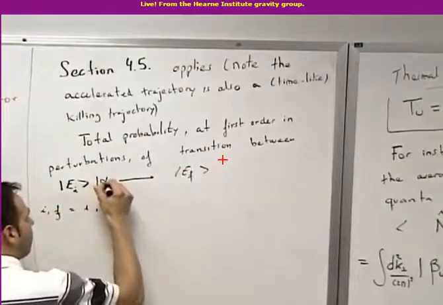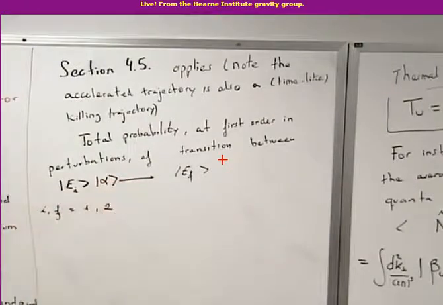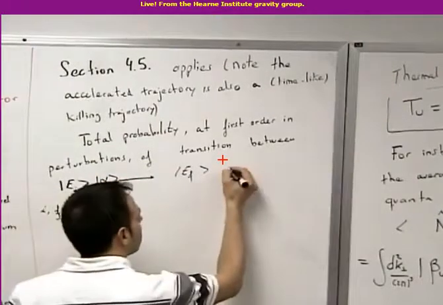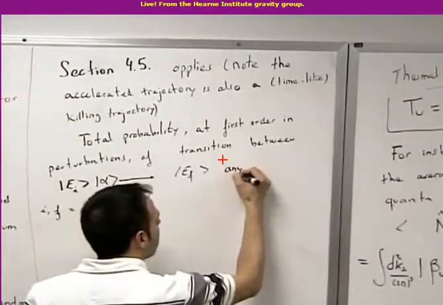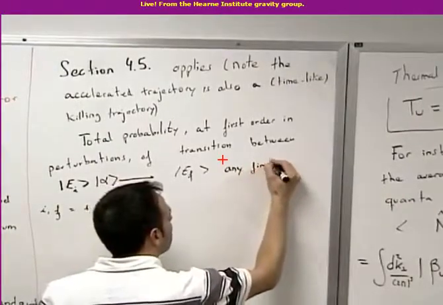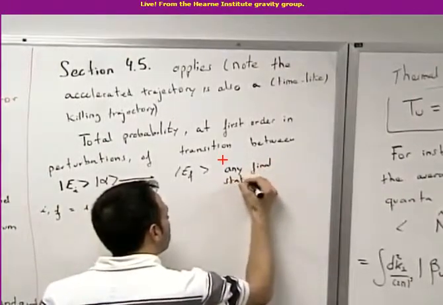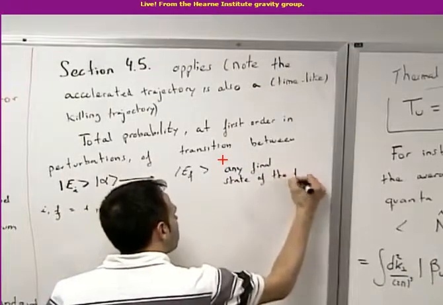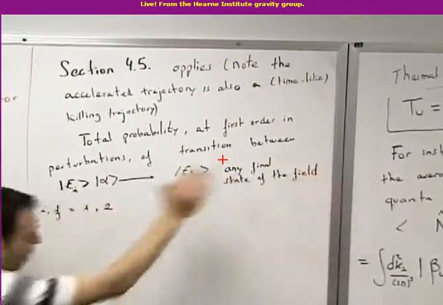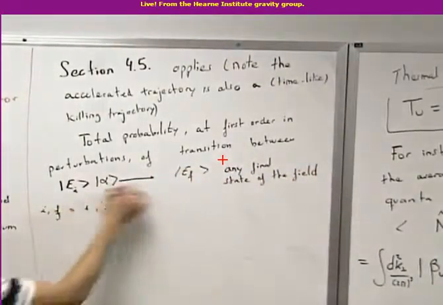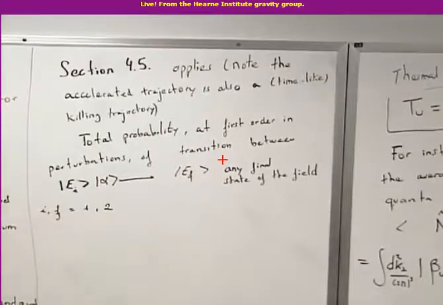The state of the field is any arbitrary state, alpha, and here I am summing over any final state of the field. I don't care what is the final state of the field because I only care if the detector gets excited or emits quanta.